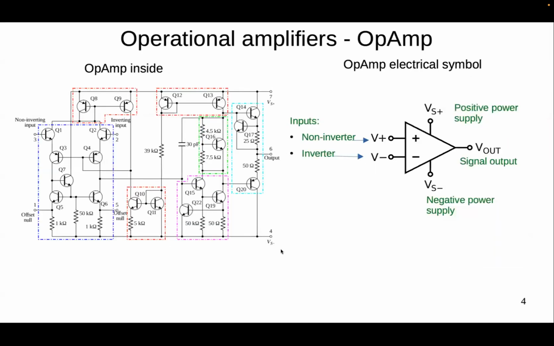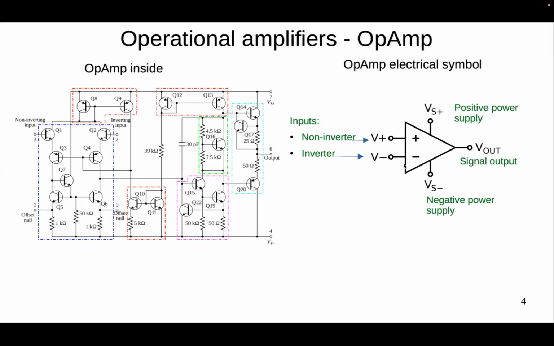Okay, so I showed you this last time. Basically, inside an operational amplifier there is a range of different blocks made out of transistors, which at the end is encapsulated in something like this.